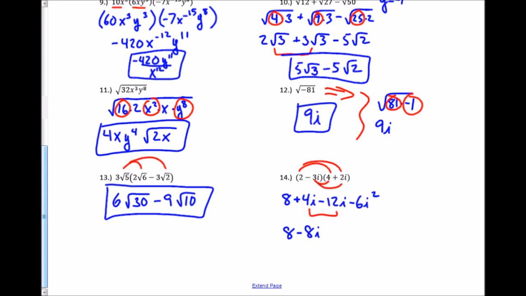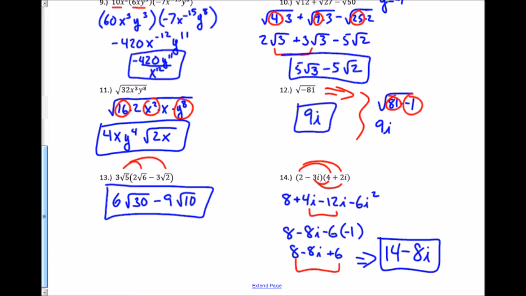But then right here, the negative 6 times i squared, keep in mind that i squared is actually a negative 1, which means what I have here is 8 minus 8i plus 6. And now I have more like terms I can combine, which means what I truly have here is a 14 minus 8i. And that's it.